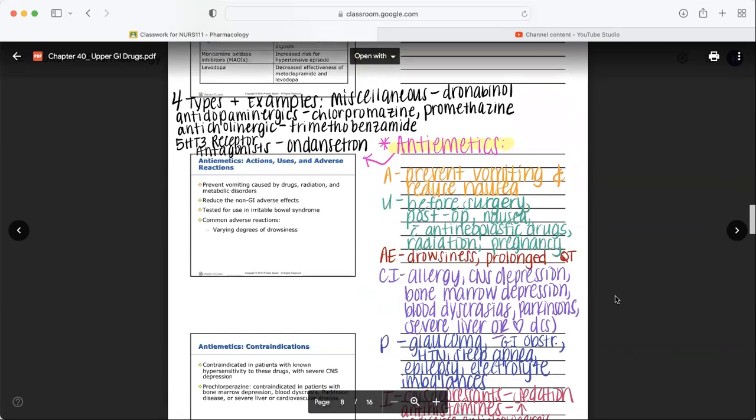Antiemetics. So there are 4 types of antiemetics, okay? There's the miscellaneous category, and dronabinol is the big one, right? Dronabinol is a derivative of an illicit substance. I forget the name of it, actually. It's marijuana, but I'm trying to think of the actual isolated compound that makes the dronabinol.